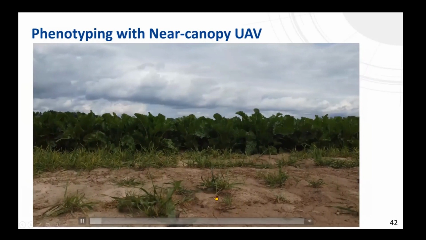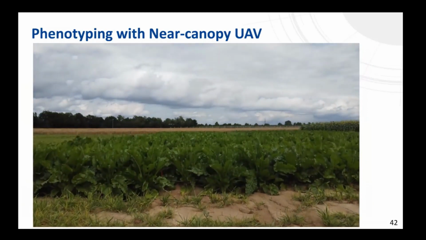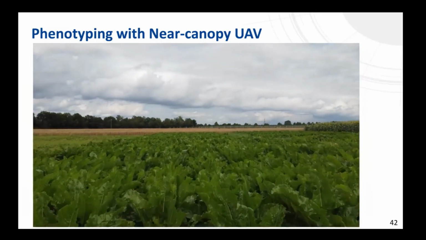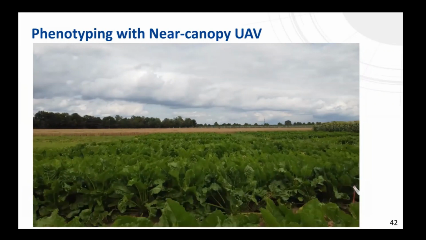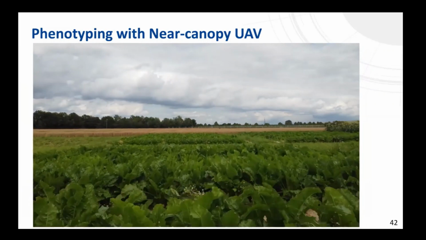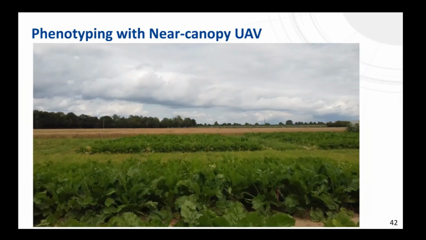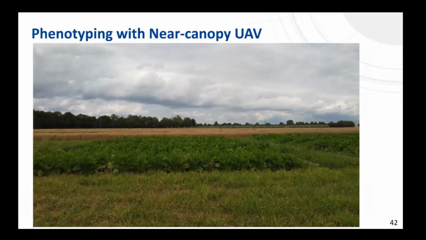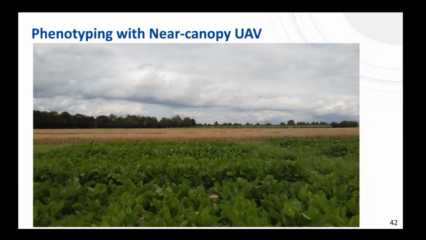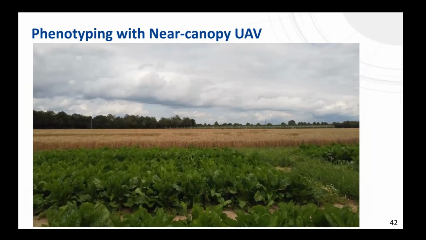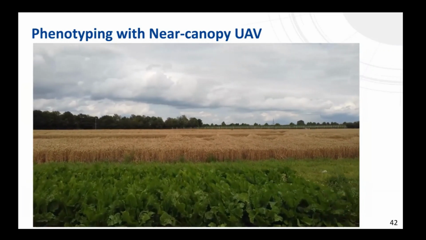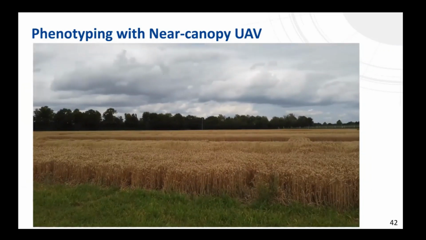And you see here some footage of more developed sugar beet. Because we fly close to the plant, even with this 12 megapixel camera, we have a pretty good resolution.